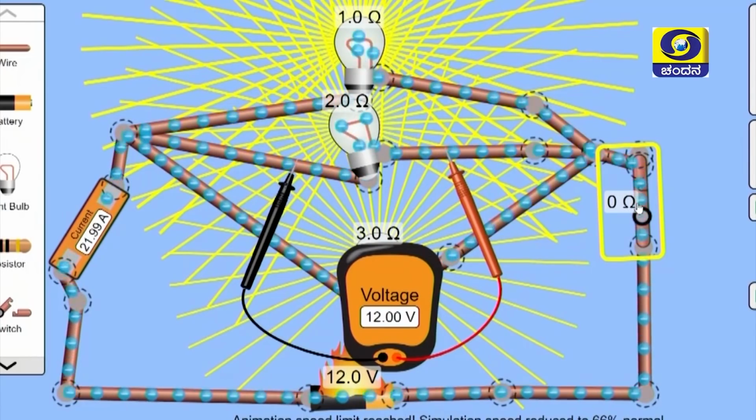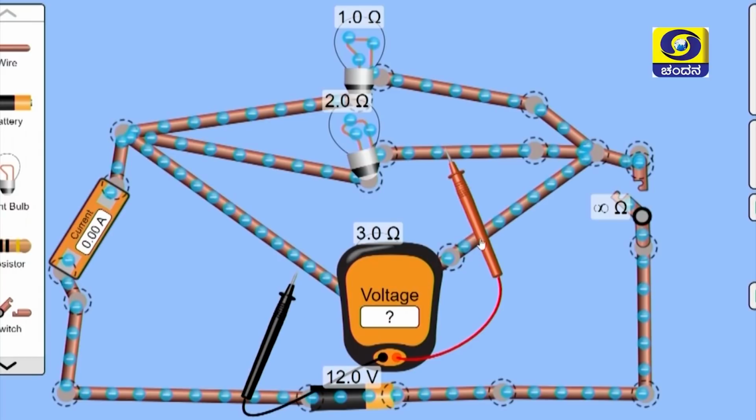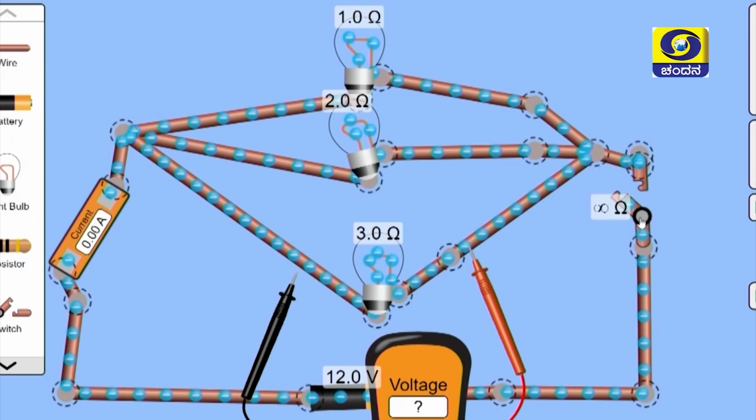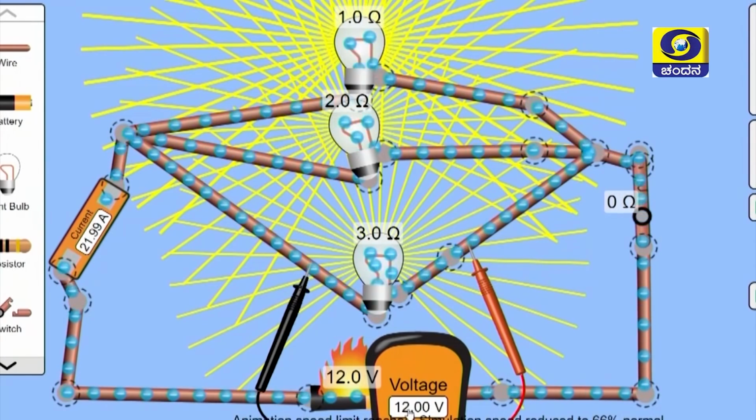By now you may know the answer for the potential difference at the 3 ohm resistor. Again, as you can see, the value is 12 volt itself, because 4 ampere of electric current was flowing. So one good thing that we observed here is that the potential difference is not varying at each resistor when they are connected in parallel.